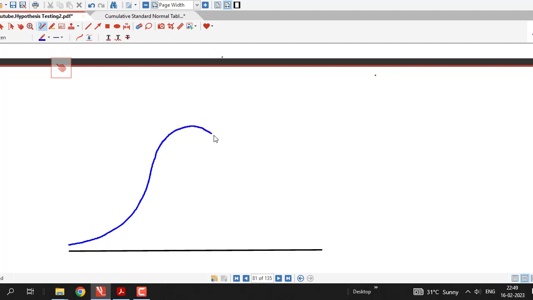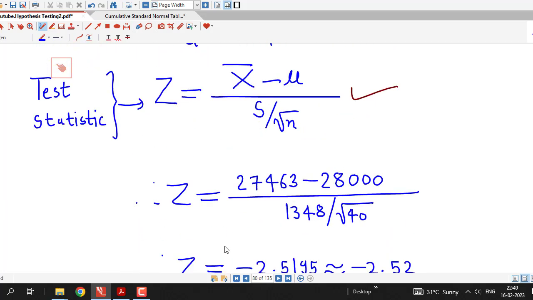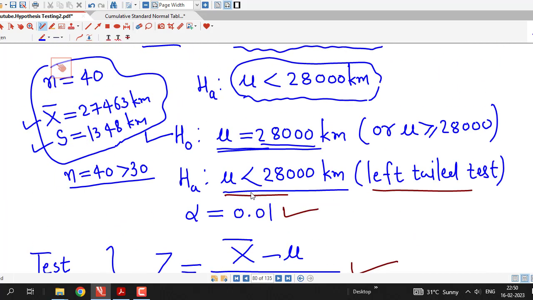So suppose this is the graph of the given normal random variable, and at the middle this value is 0. The mean of a standard normal random variable is always 0, and we have a less than type alternative hypothesis and the level of significance is 0.01.